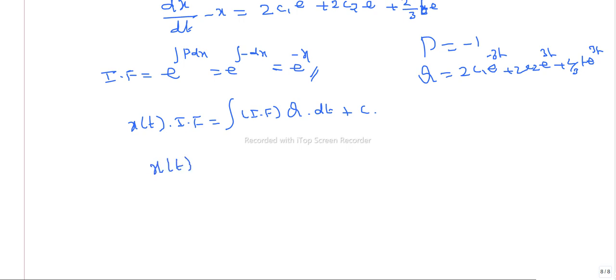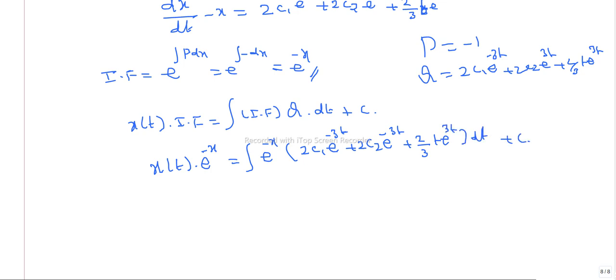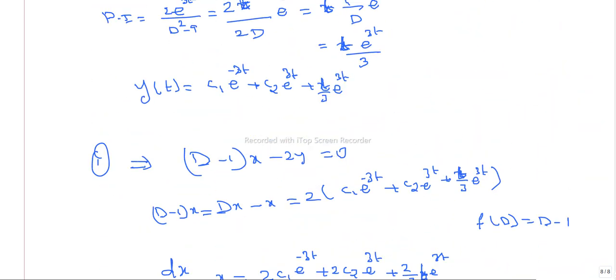Therefore x of t into e power minus t equals the integral of e power minus t into Q, that is 2c1 e power minus 3t plus 2c2 e power 3t plus 2 by 3 t e power 3t, into dt, plus c. So you just have to integrate and we will get the answer. Anyway, this is the idea to find x of t. This is the solution x of t, and here we found y of t.